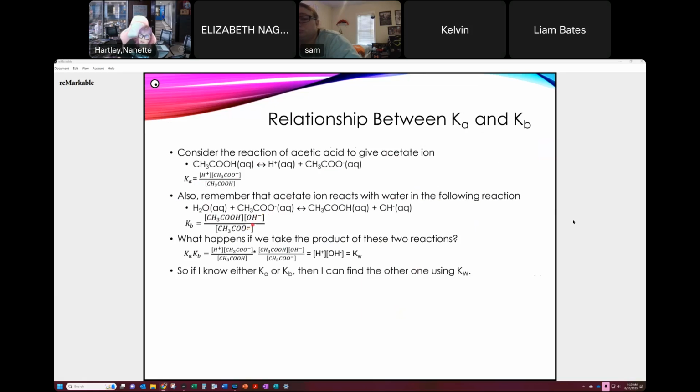That's fabulous. Related, not the same. Here's an interesting thing though. If I take this Ka and this Kb and I multiply them together, and that's all I've done right here is to write those two expressions there. I end up canceling this right here with that right there, and that right there with that right there.